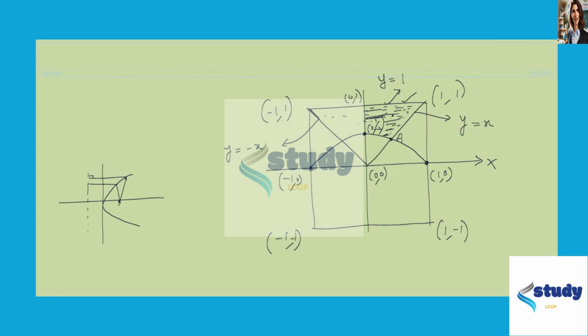Symmetrically, any point in this region will be closer to the same edge. So it's enough if I take this particular triangle, because everywhere the same symmetry will be there.